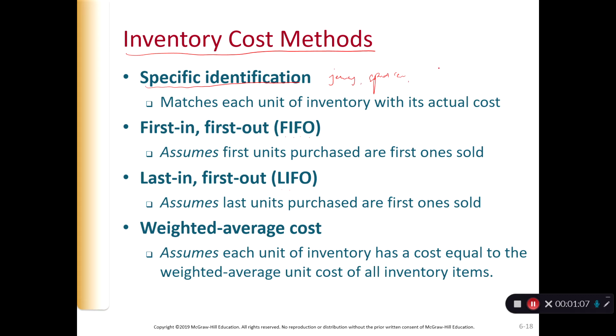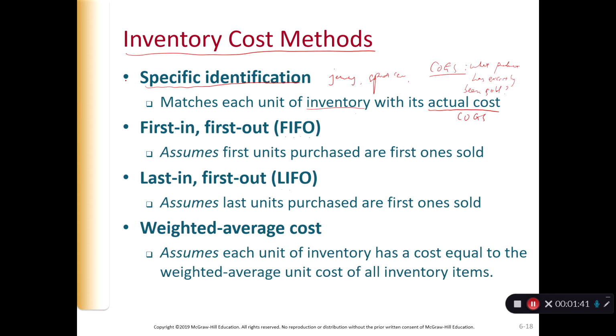So the cost of goods sold very clearly tracks exactly which product is being sold. That means every inventory item, no matter whether it's inside the warehouse or in the hand of the customer, you will clearly know whether it's sold or not. Therefore, the cost of goods sold is clearly traceable.